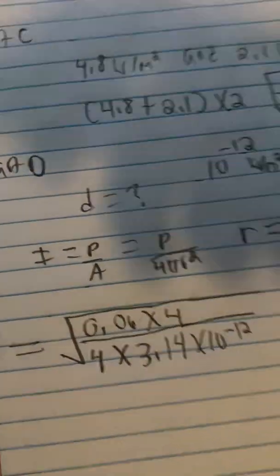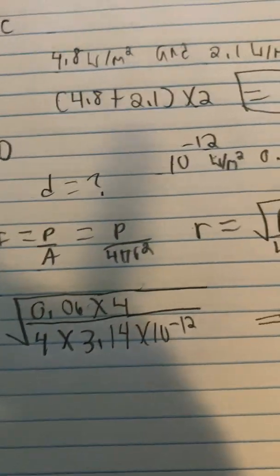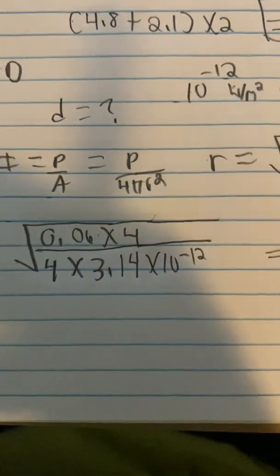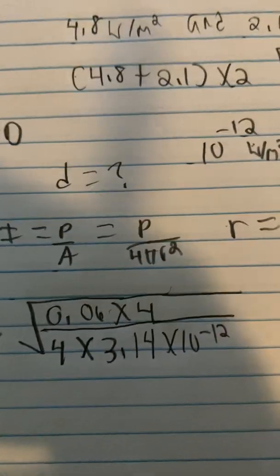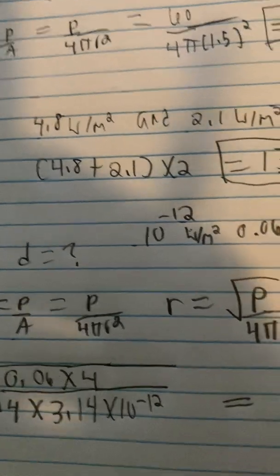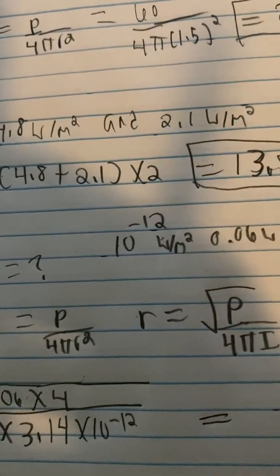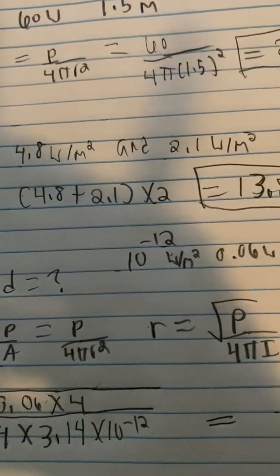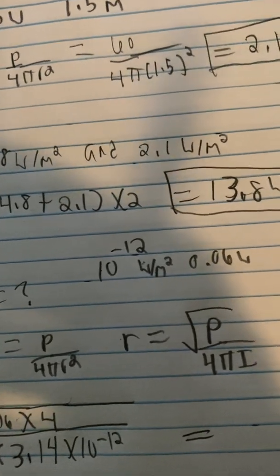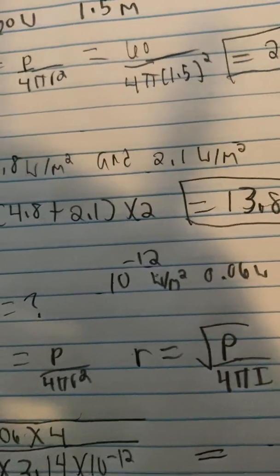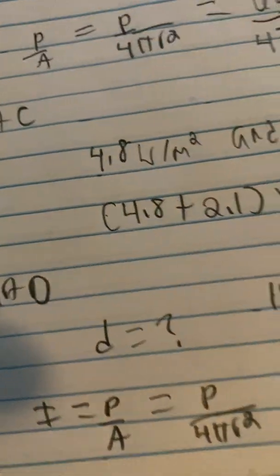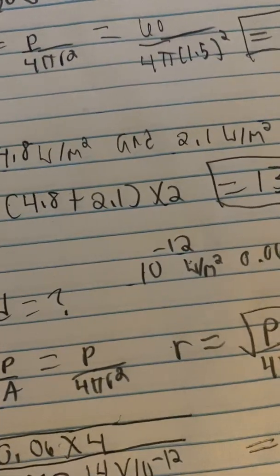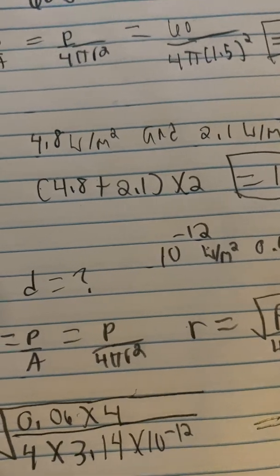Under the calculations, the square root of 0.06 times 4, divided by 4 times 3.14 times 10 to the negative 12, will give us 1.38 times 10 to the 5th meters.